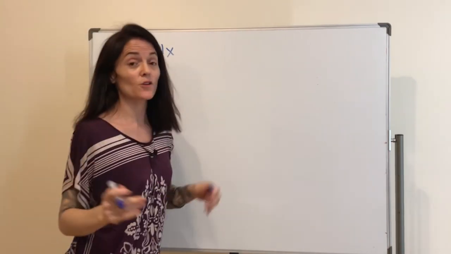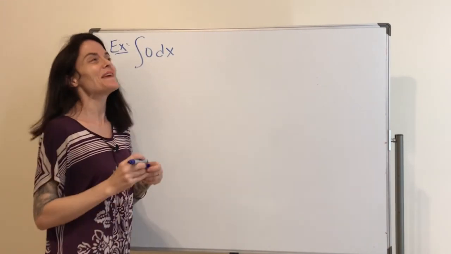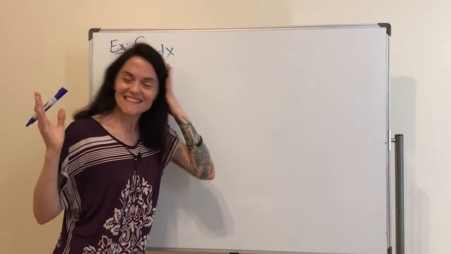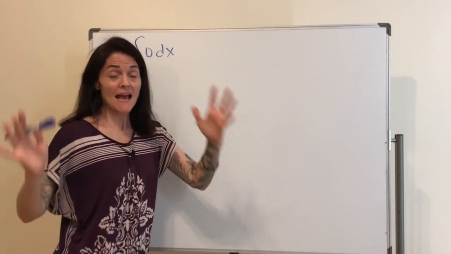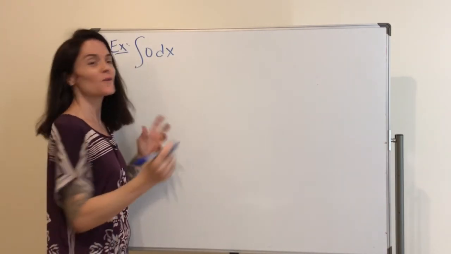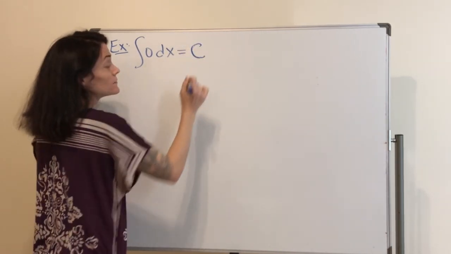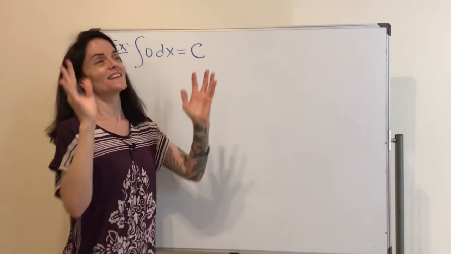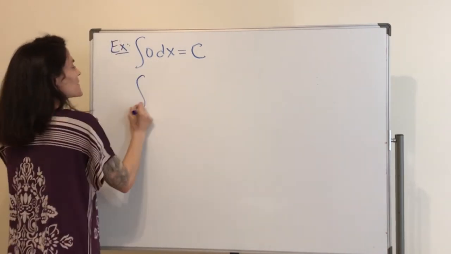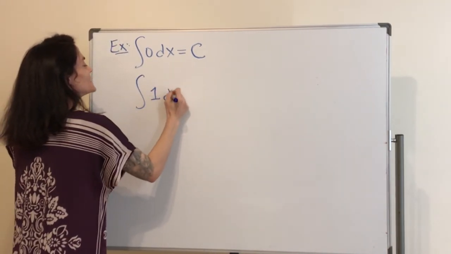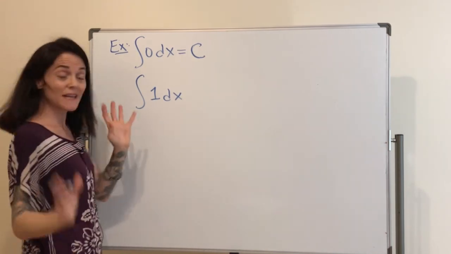What would the integral of 0 be? Well, ask yourself, what function has derivative 0? It's just a constant. So the integral of 0 dx is just the constant c. Another one, what about 1 dx? We integrate 1.